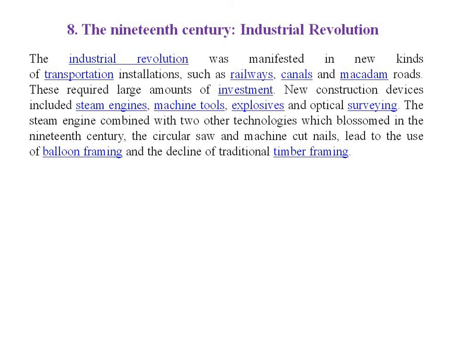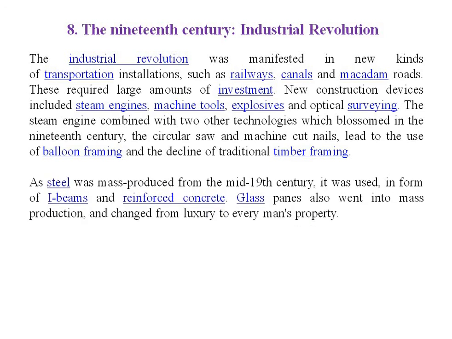New construction devices included steam engines, machine tools, explosives, and optical surveying. The steam engine combined with two other technologies which blossomed in the 19th century. The circular saw and machine cut nails led to the use of balloon framing and the decline of traditional timber framing.